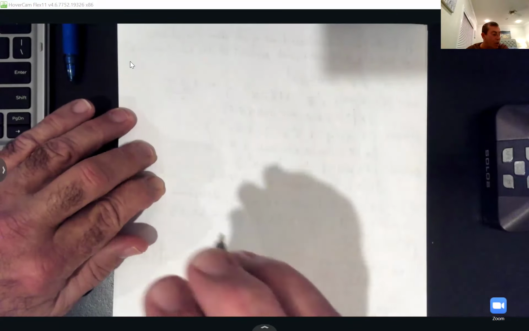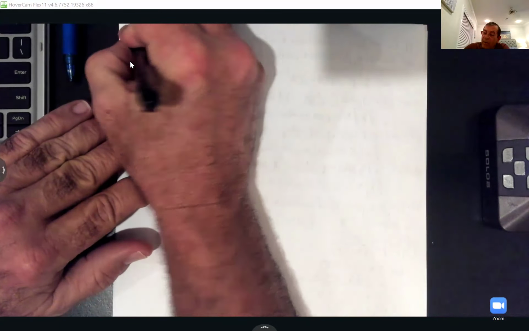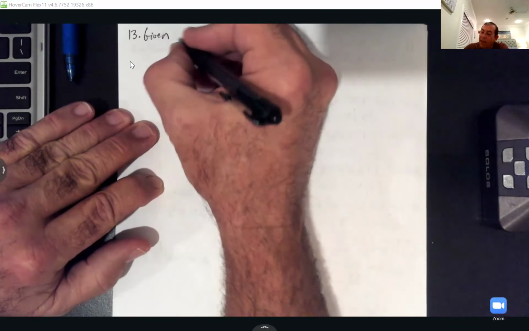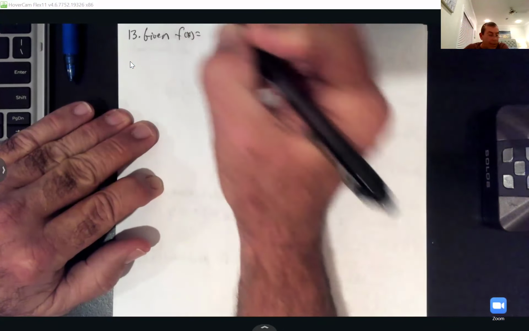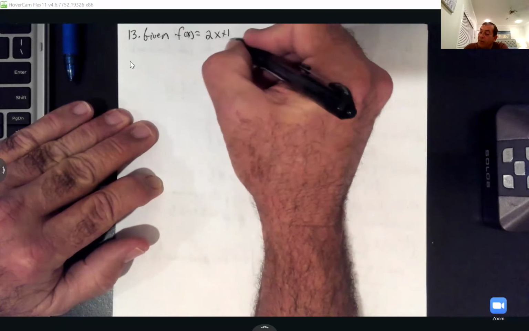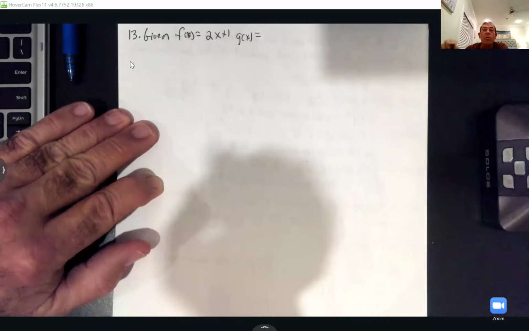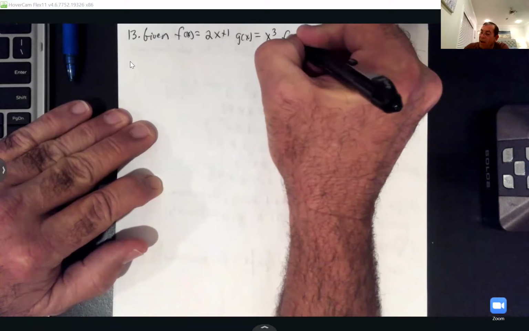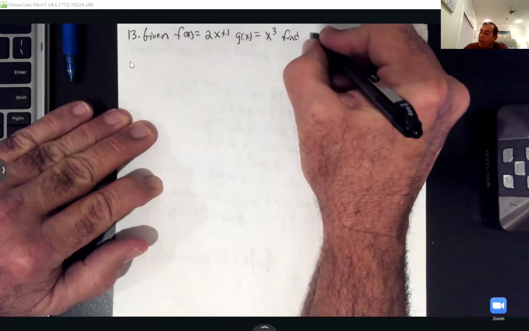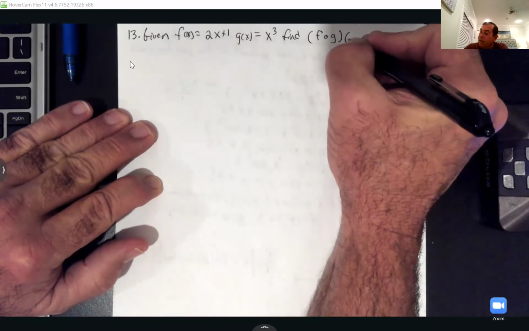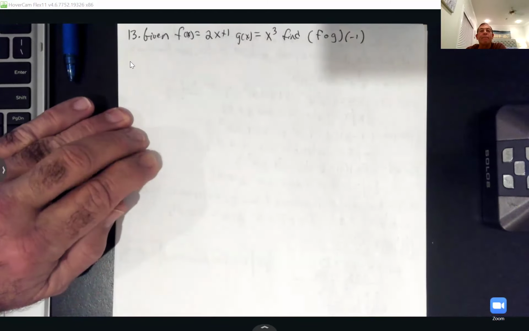Oh, now we get into the composition, y'all. So composition was when I had that little degree symbol. So given f of x equals 2x plus 1, g of x equals x to the third, we're going to find f compose g of -1.